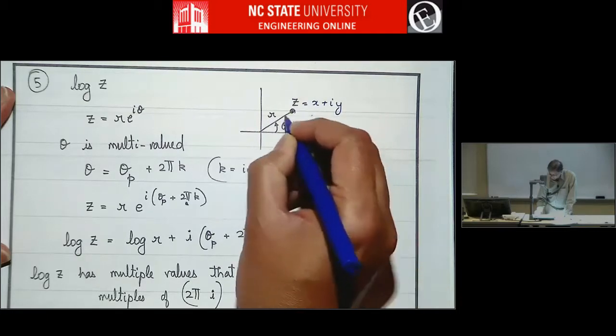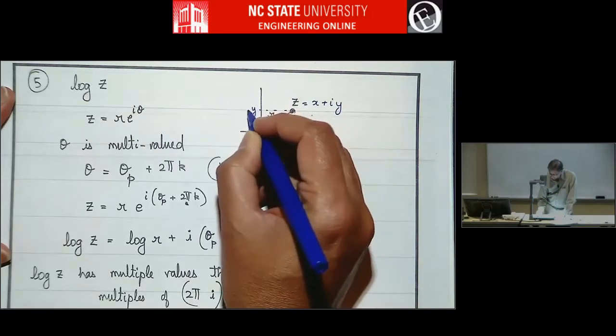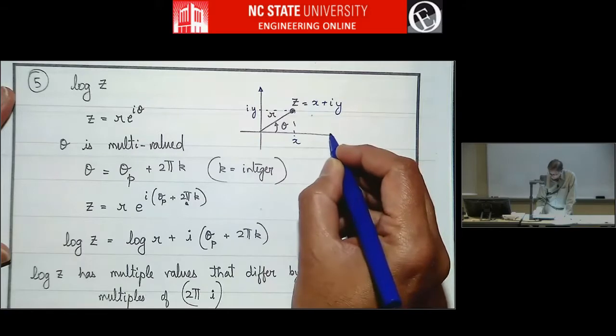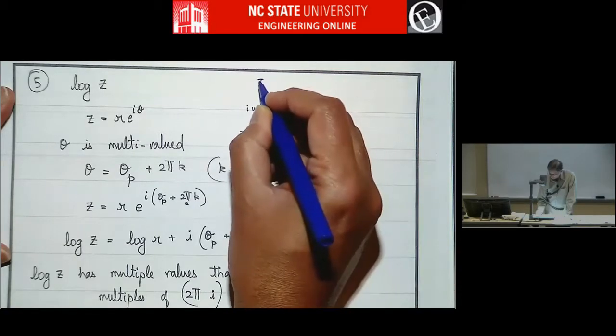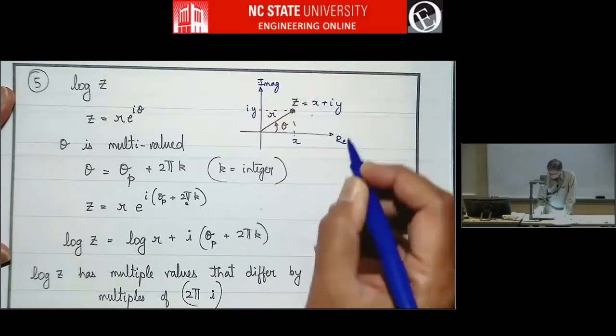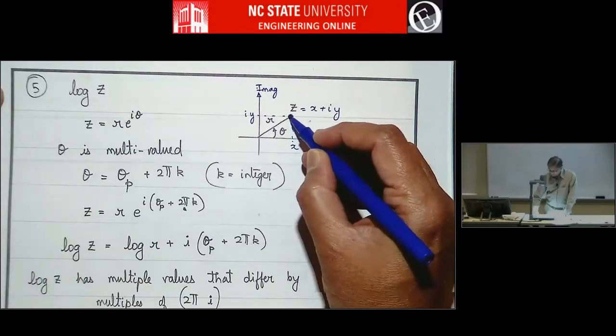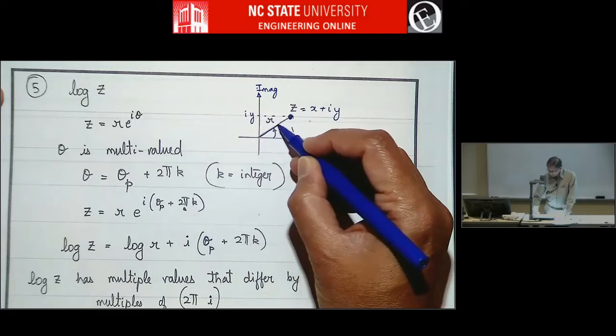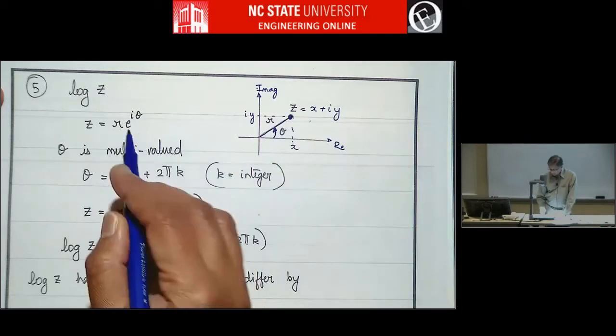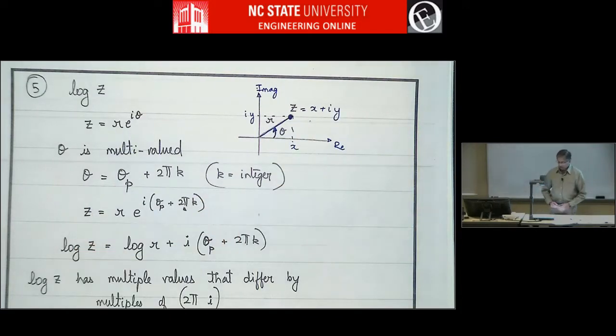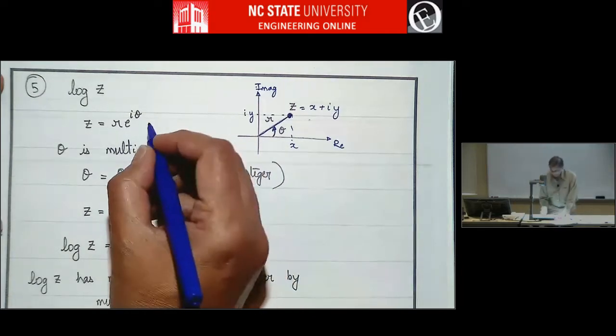And this is x, and this is y, iy, real and imaginary. So a polar form of a complex variable is, you write it in terms of r and theta, and r times e to the power i theta is z. It's the same as this, x plus iy.